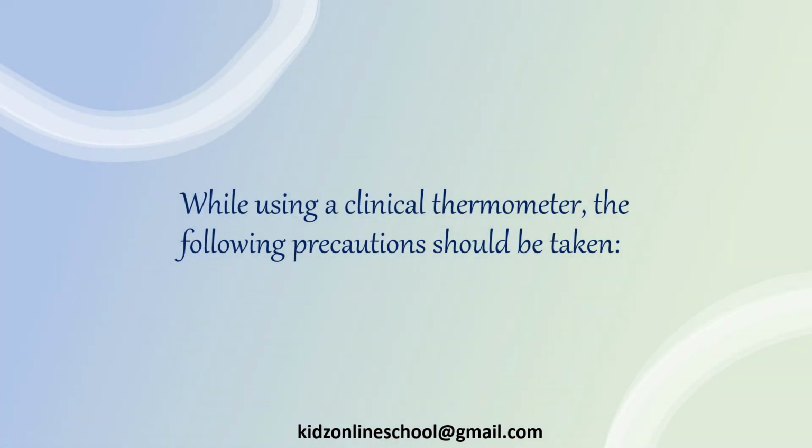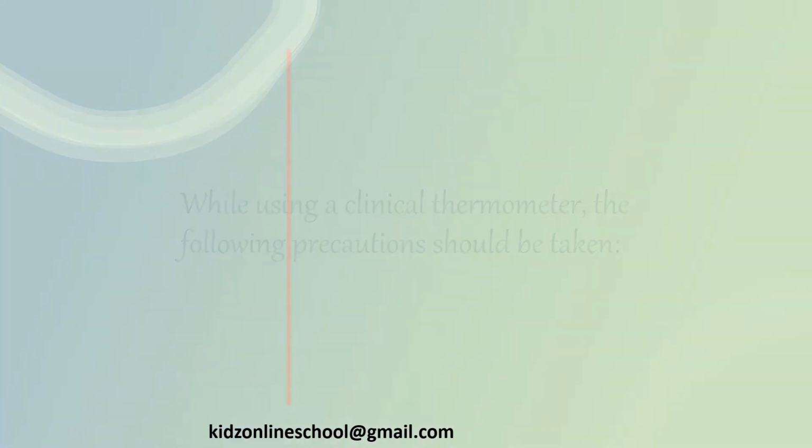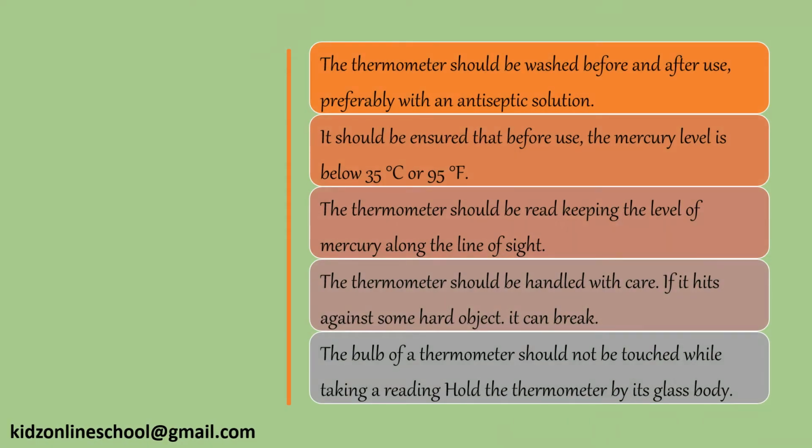While using a clinical thermometer, the following precautions should be taken. The thermometer should be washed before and after use, preferably with an antiseptic solution. It should be ensured that before use, the mercury level is below 35 degrees Celsius or 95 degrees Fahrenheit.